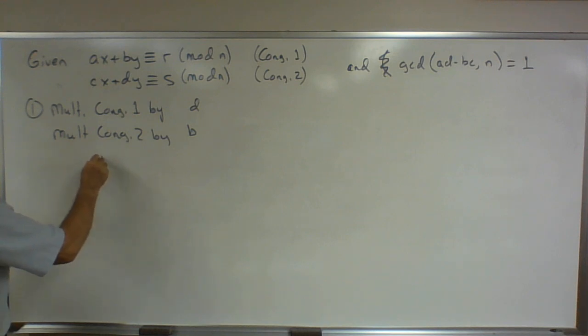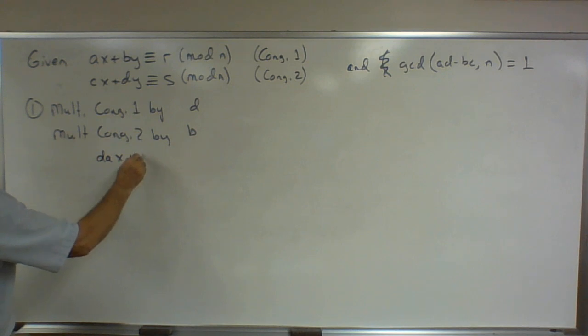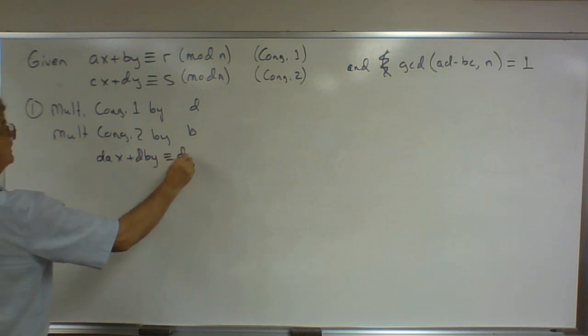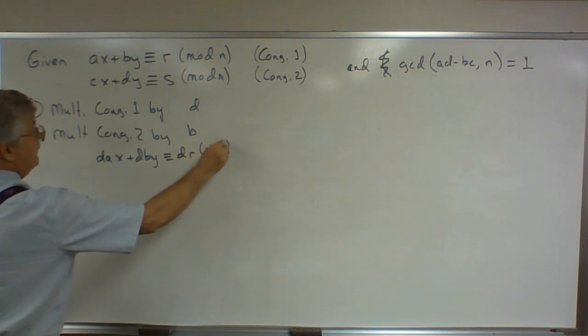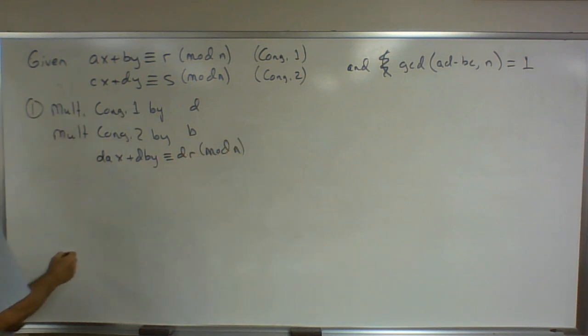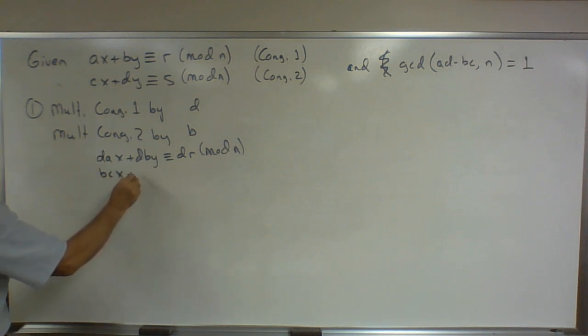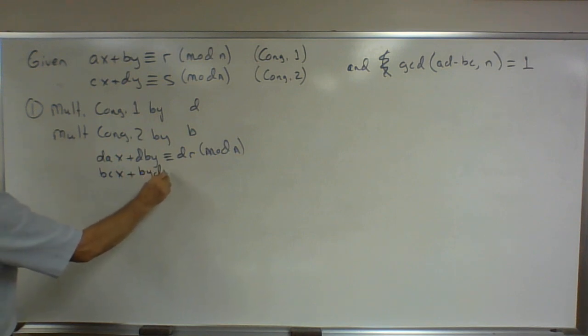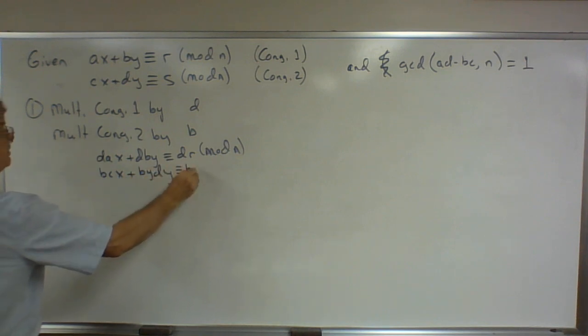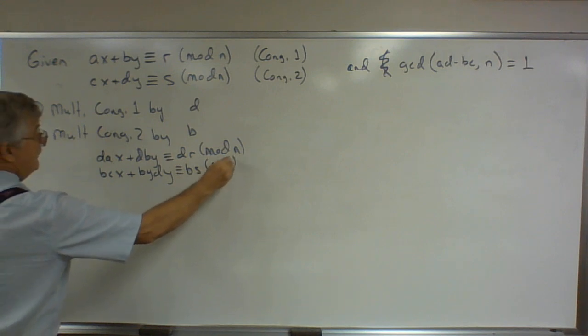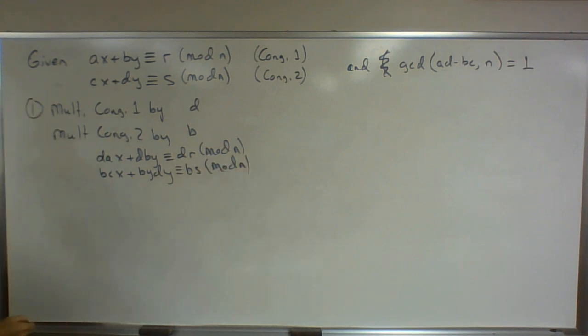We get DAx plus DBy is congruent to Dr mod n. And we get BCx plus BDy is congruent to Bs mod n.